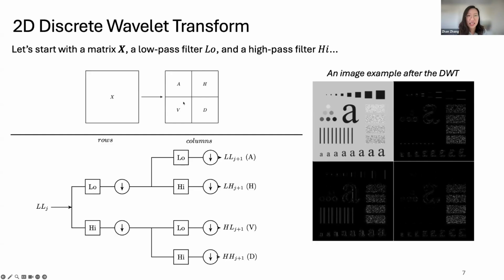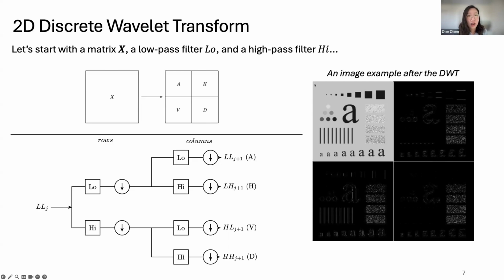So this may sound a little bit too abstract, so I added an image example here. Just know that this example does not show the original image or the matrix X. What it shows here is the four sub-matrices after the wavelet transform.